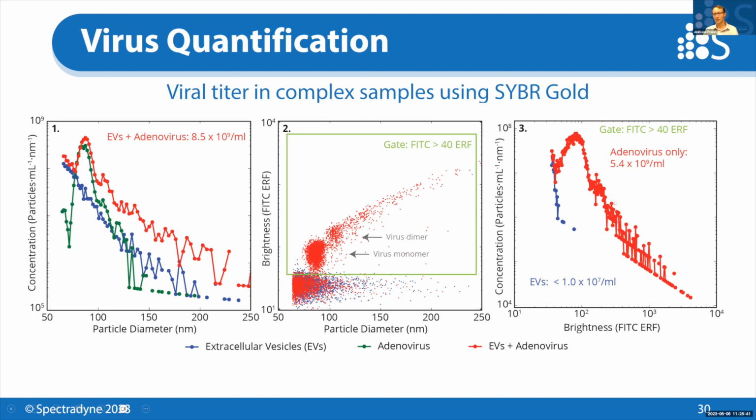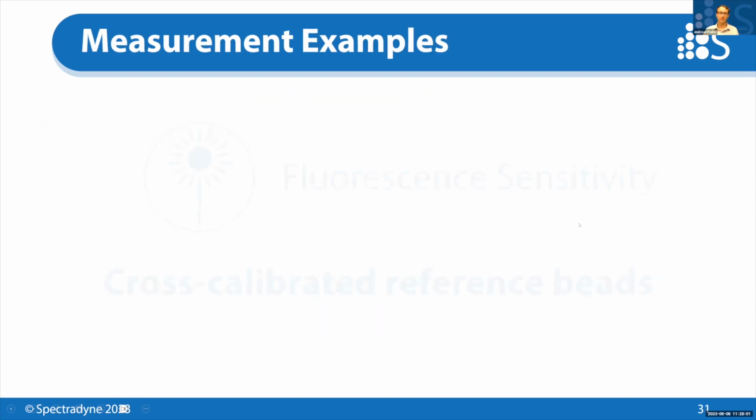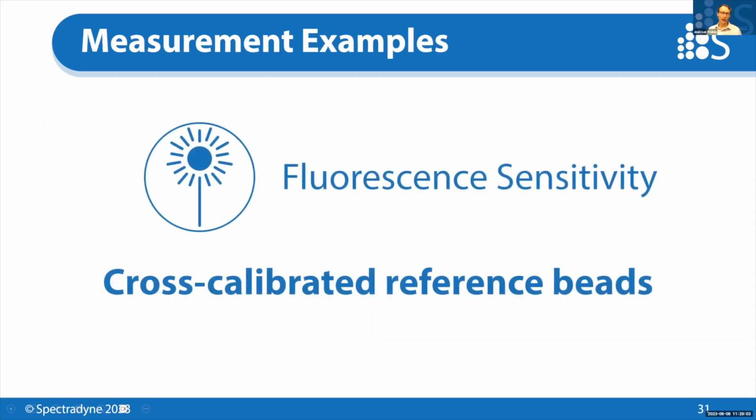And you can see these humps from the dimers and trimers also in here. And so we can say that the mode of the virus brightness is around 80 units of FITC. So it's about as bright as 80 free-floating molecules of FITC in solution. Okay, let's talk about how low we can go with this technology.